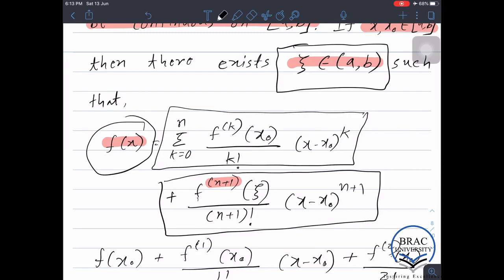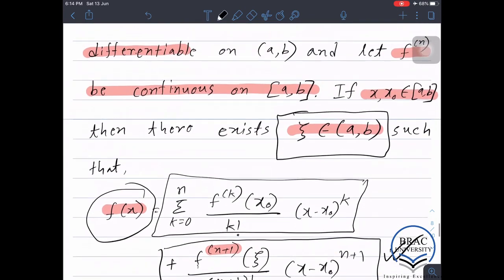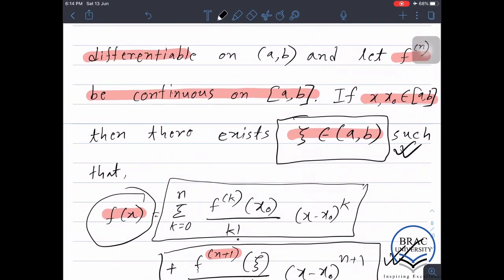So if you truncate the series at some point, when you're trying to calculate it in a computer, then you can say that your error will be of this form, where you don't know this xi. But there's something to notice here: from this equation, xi is a number in between a to b.